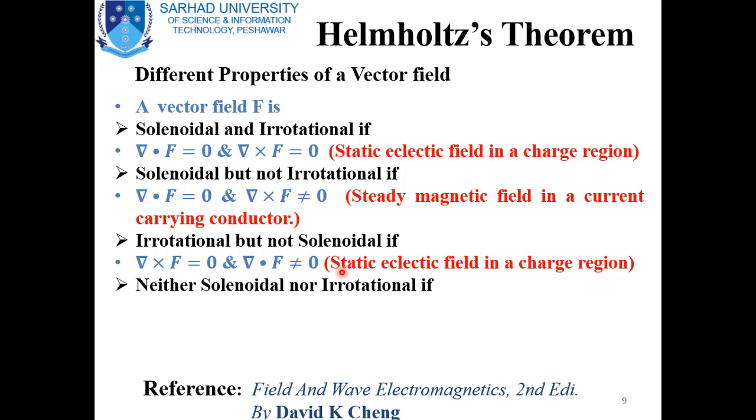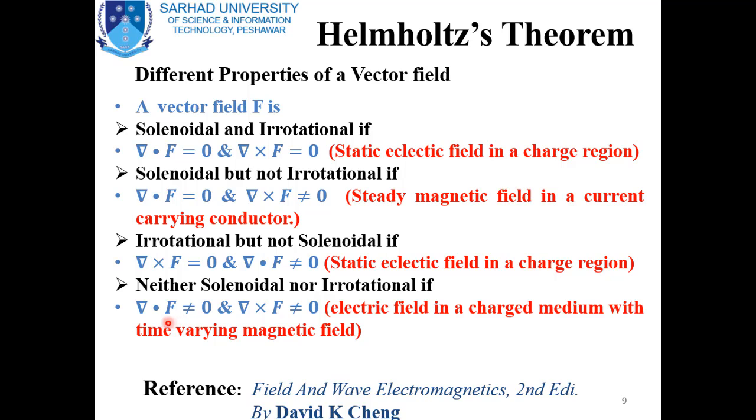And if a function is neither solenoidal nor irrotational, then mathematically it can be represented as divergence of f not equal to 0, and the curl of f is also non-zero.